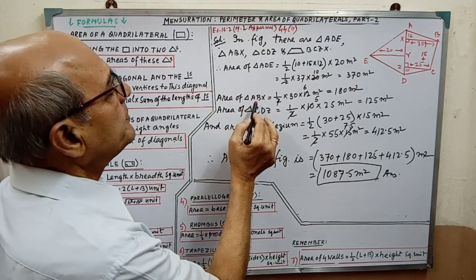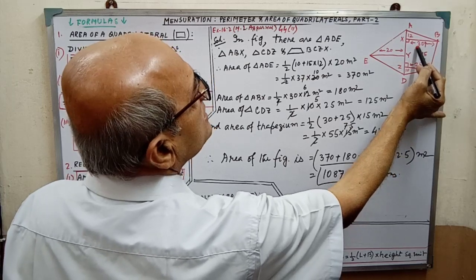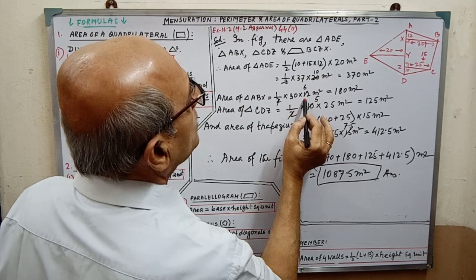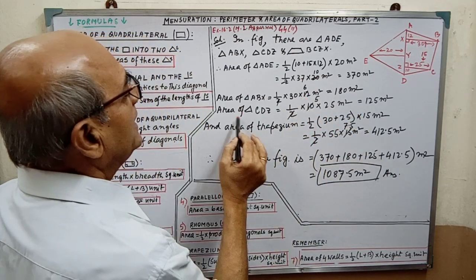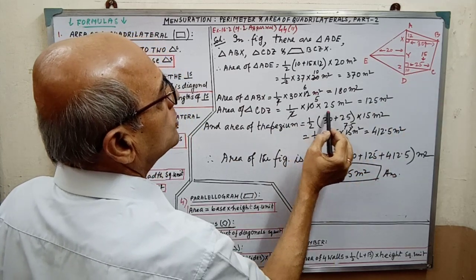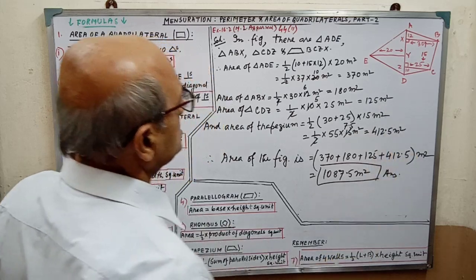Similarly, area of triangle ABX, that is 30 height and 12 is base. So half into 30 into 12, by simplification we are getting 180 meters square. And area of triangle CDZ, that is half into 10 into 25. By calculation we are getting 125 meters square.